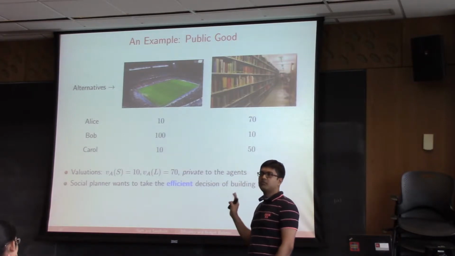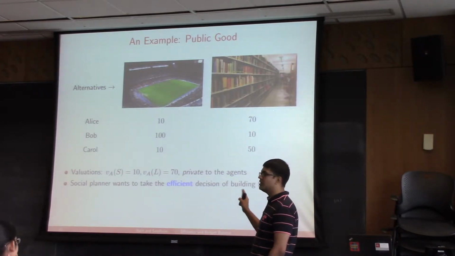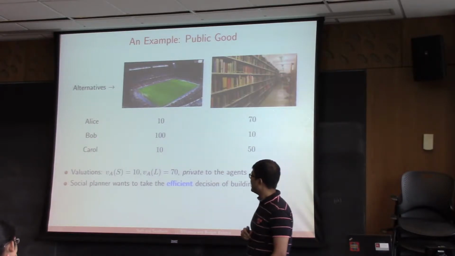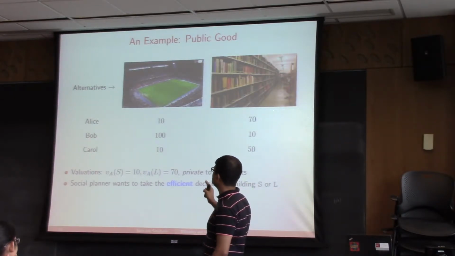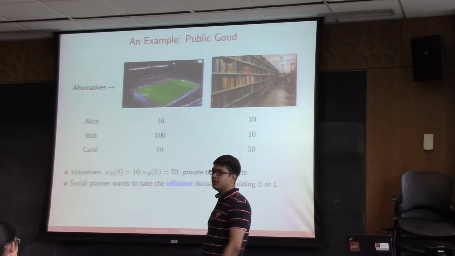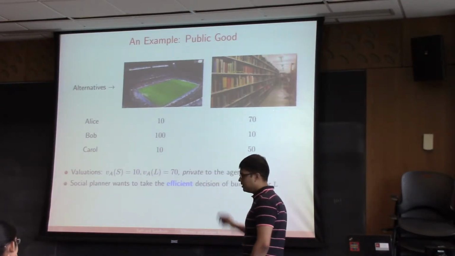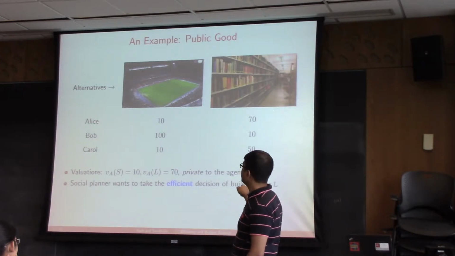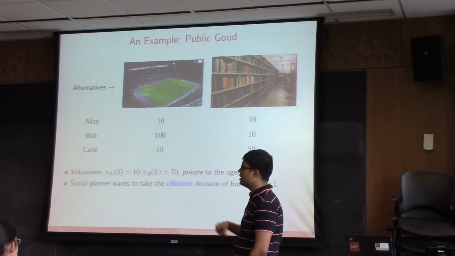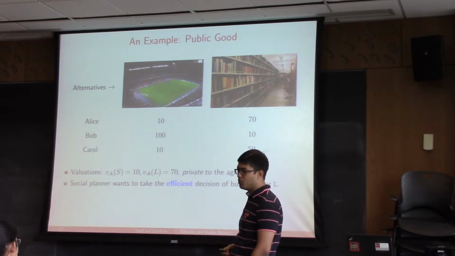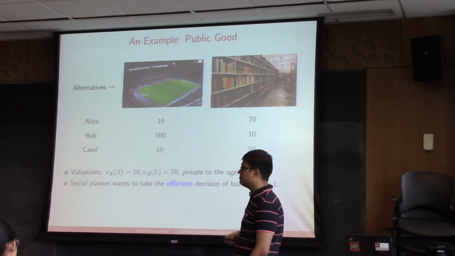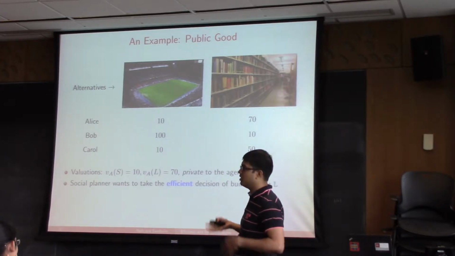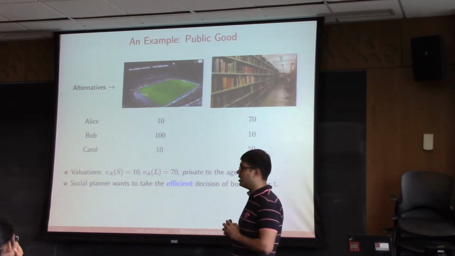You can think of a somewhat more sophisticated mechanism where I can take a decision irrespective of the reports of the agents. The city planner can decide on building the soccer ground irrespective of anybody else's report. That's a constant mechanism, but it is strategy-proof because nobody has any power to change the outcome.